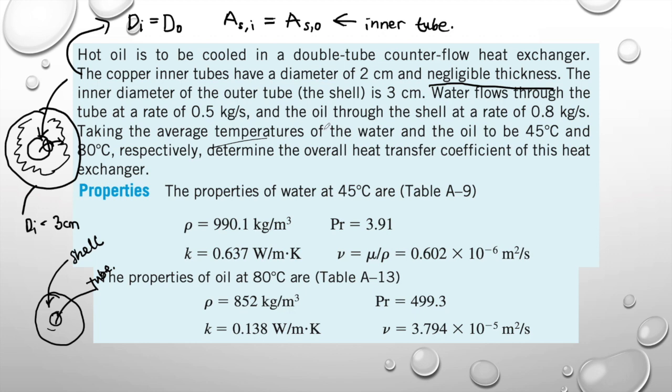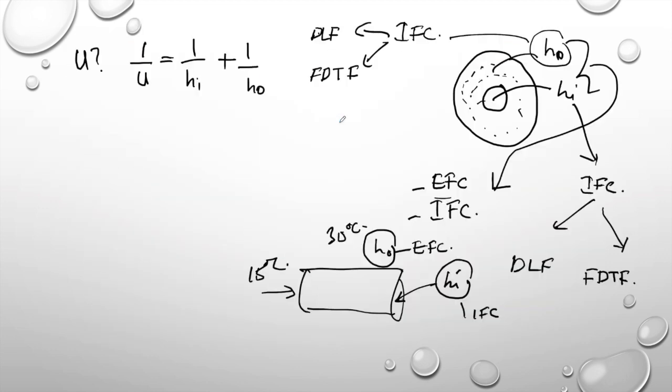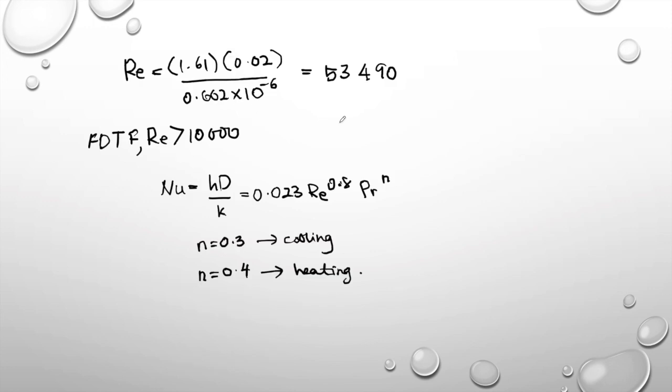So water flows in a tube. Therefore, the tube will have a heating process, and n here will be substituted with 0.4.